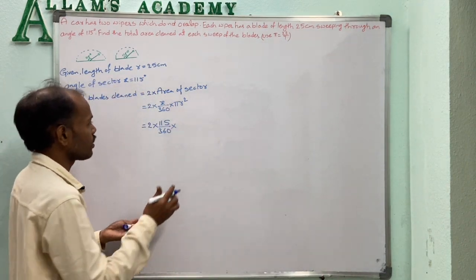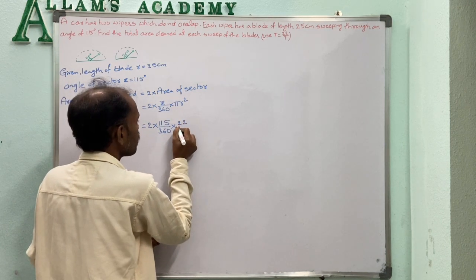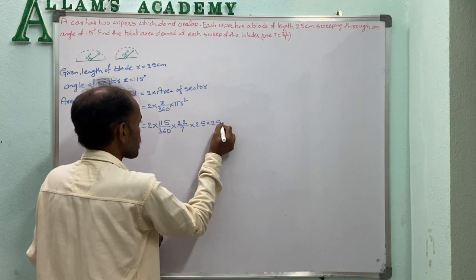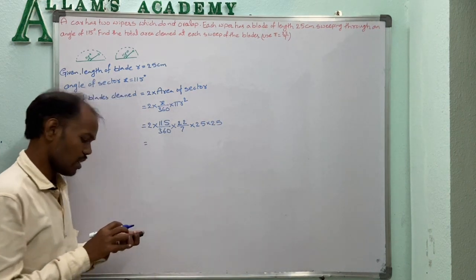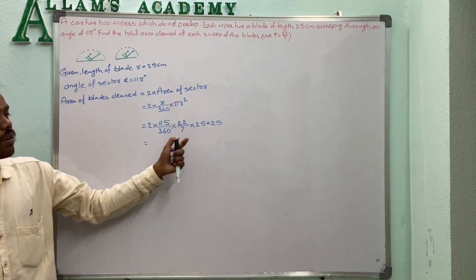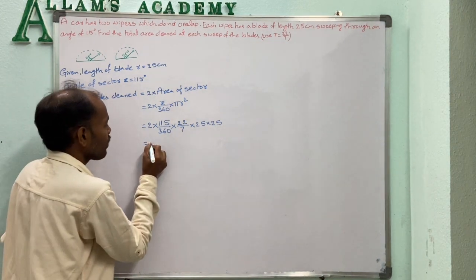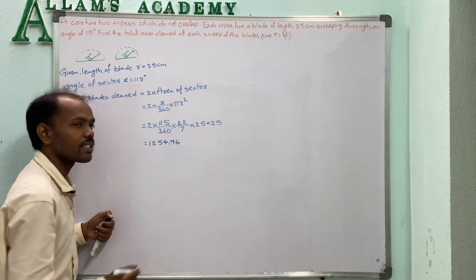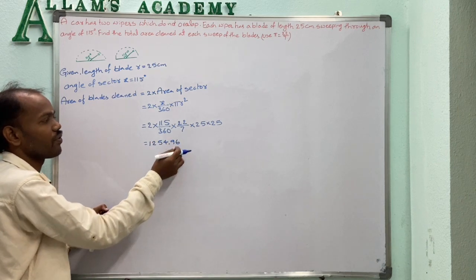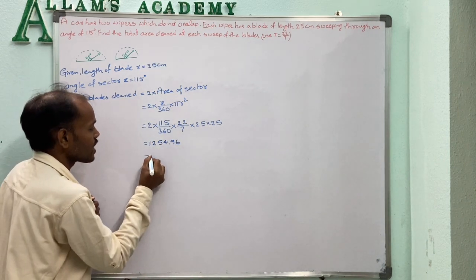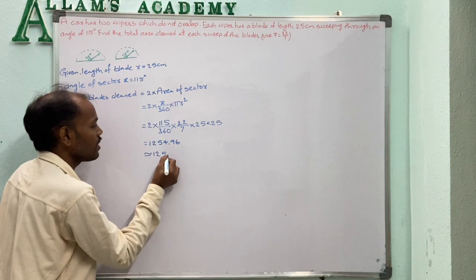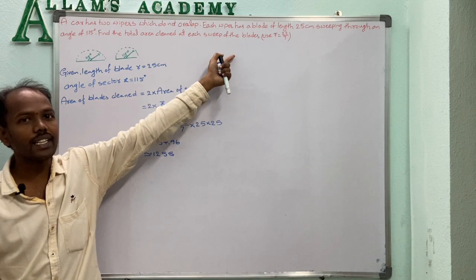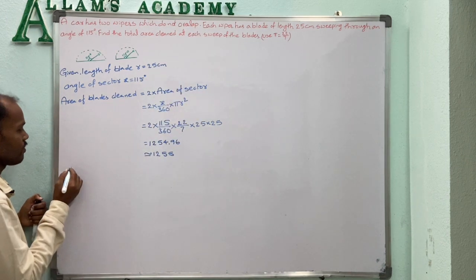So 22 by 7 into the r value, given as 25 centimeters, so 25 into 25. Now if we simplify this, we get 1254.96, that means it is nearest to 1255.